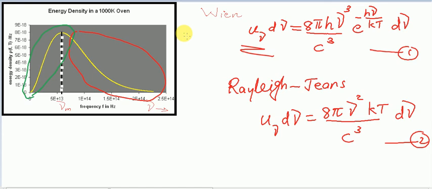Oscillators have different frequencies. We can also consider the atoms as oscillators. So a black body contains several such harmonic oscillators capable of vibrating at all possible frequencies.